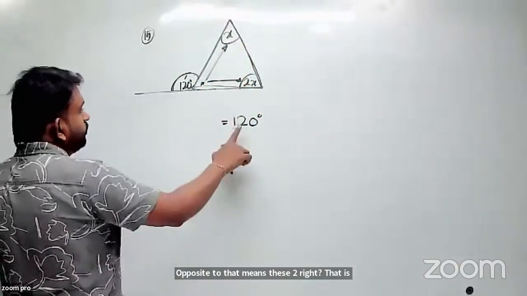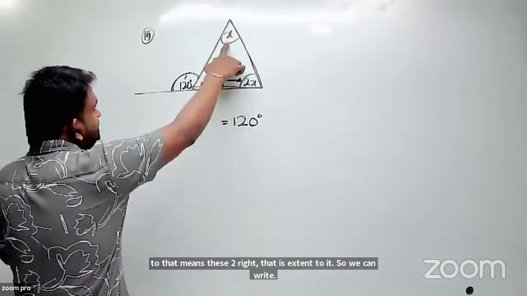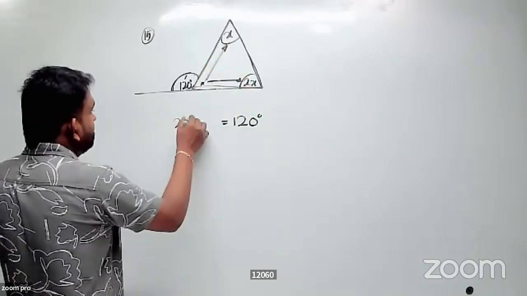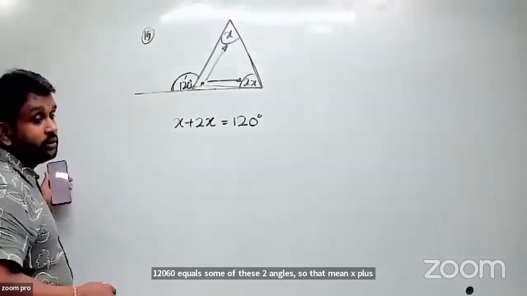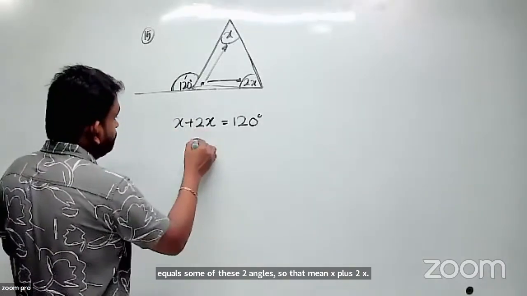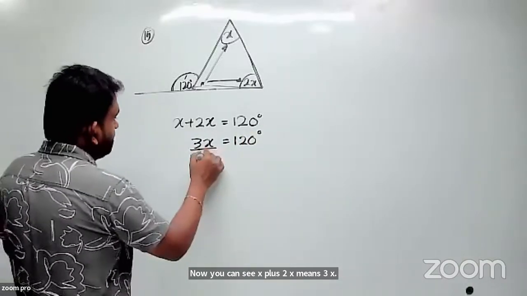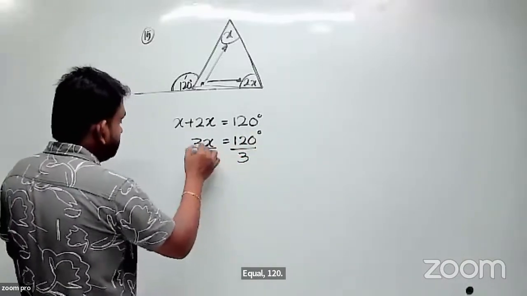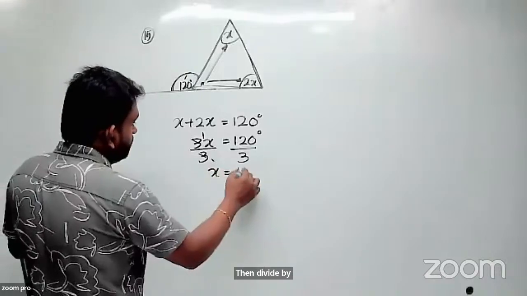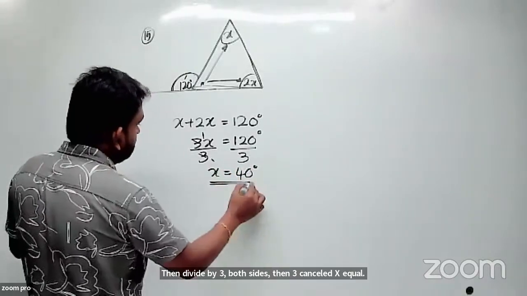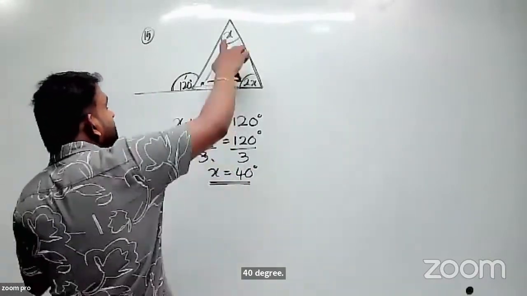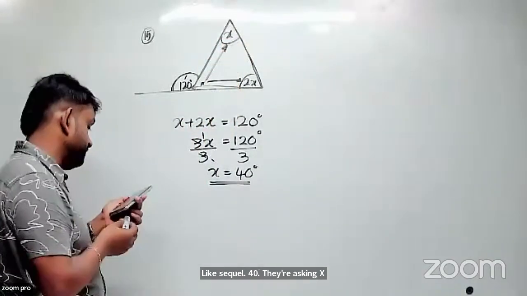So we can write 120, the exterior, equals the sum of these two angles. So that means x plus 2x. Now you can see x plus 2x means 3x equals 120. Then divide by 3 both sides. Then 3 cancelled. X equals 40 degree. So x equals 40 degree. They are asking x here. That means this angle.